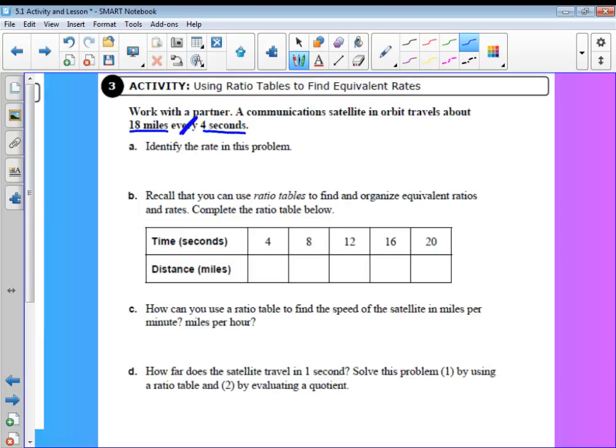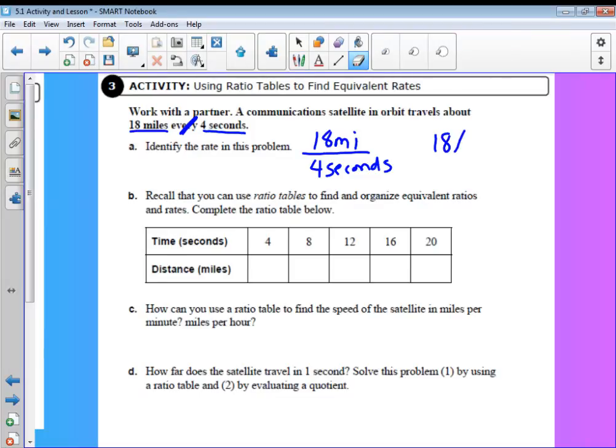So this "every" is like saying "per." So our rate that we have is 18 miles per 4 seconds. That could also be stated like this: 18 MI, for miles, per 4 seconds. Now, usually unit rate is written in a reduced form.